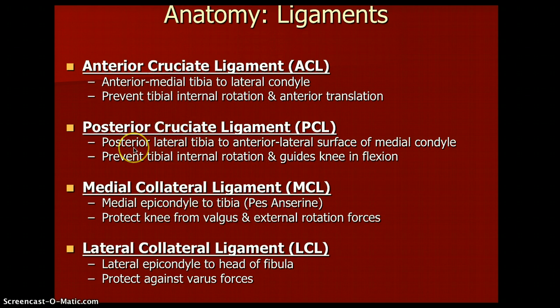Posterior cruciate ligament says it originates in the posterior lateral tibia, and then it attaches to the anterior lateral surface of the medial condyle. The next thing you got to notice is the motion that each of these ligaments prevents. For example, the ACL prevents tibial internal rotation and anterior translation. So one thing to notice is that this same motion or movement is also what causes the most damage, or it can create the pathology of those ligaments.